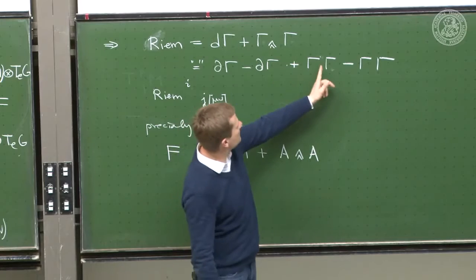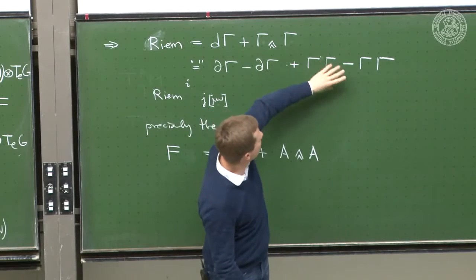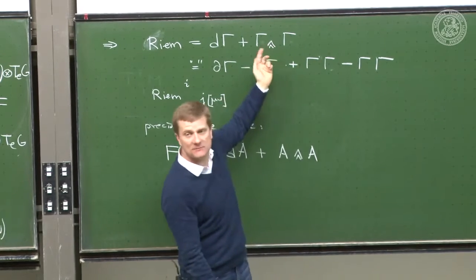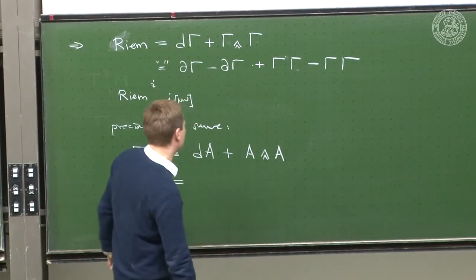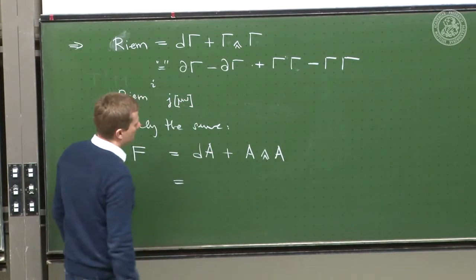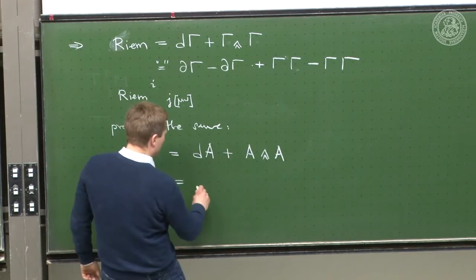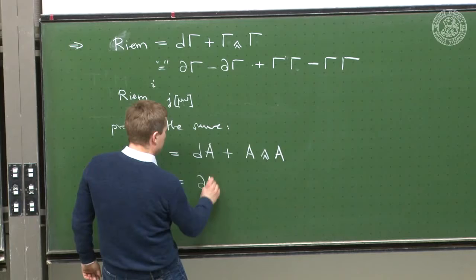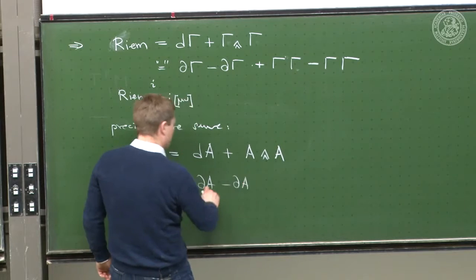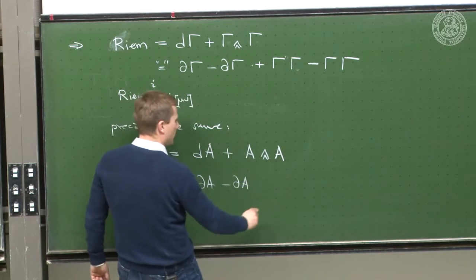Here we had a matrix group, so we can take one matrix times the other minus the other times the one. This really becomes a commutator, using the matrix multiplication. Here, this is mostly written as del mu A nu minus del nu A mu.